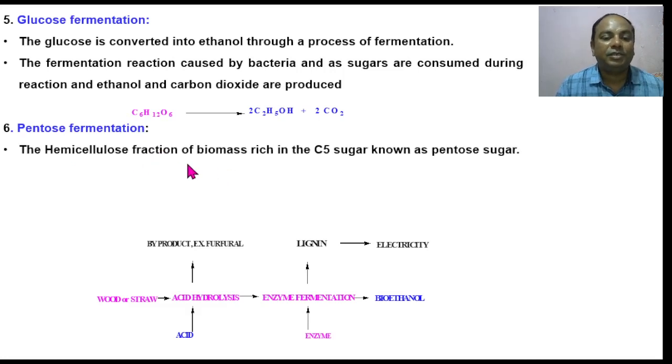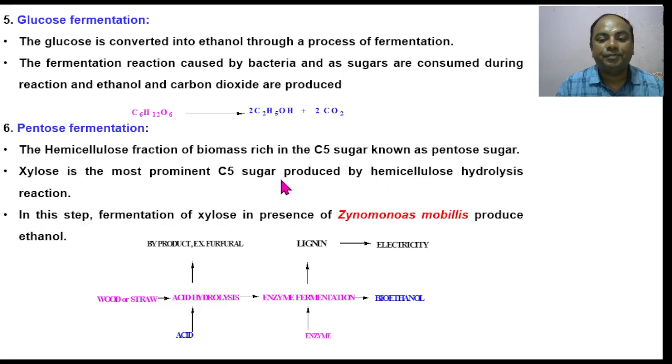What is that specific enzyme? It's Zymomonas mobilis. Zymomonas mobilis is required for the fermentation of 5 carbon sugar, that is xylose, the prominent 5 carbon sugar of hemicellulose.